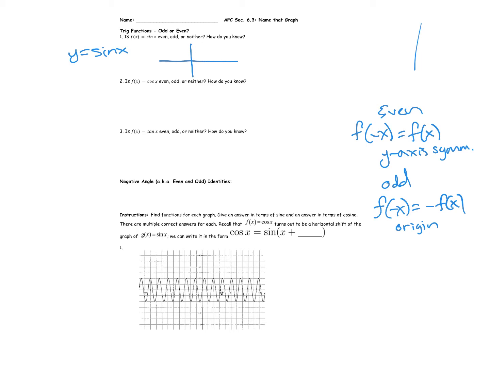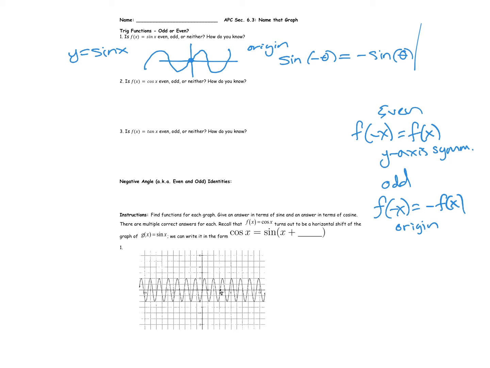Normally, sine starts right at the origin, on that midline, and goes up to its highest value. So it looks like this, and that has origin symmetry, which suggests this is an odd function, which means when I put in a negative angle, it's negative sine of putting in that positive angle.